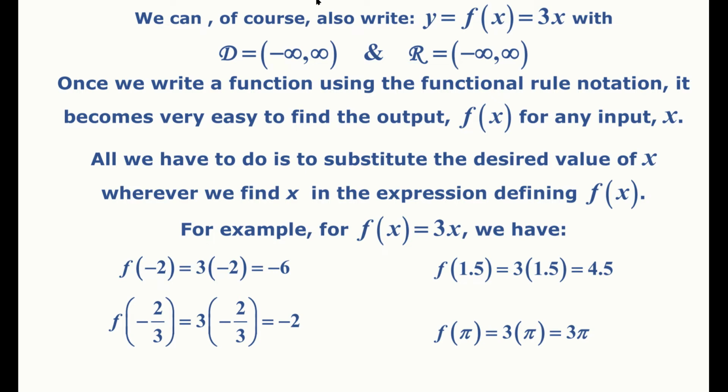In fact, you should recognize this as a linear function, because we have studied linear functions before, and this is nothing but a simple linear function whose graph can easily be obtained.